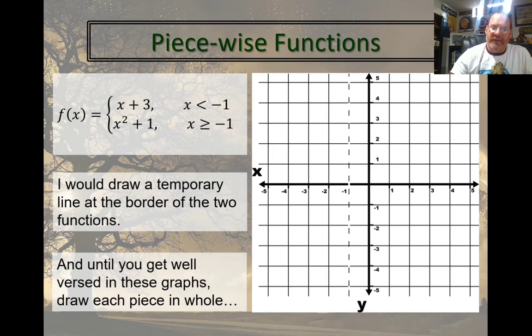So I would graph that top line, x plus 3, just like that. And I would graph x squared plus 1, just like that. And then I would erase the pieces that I don't use.